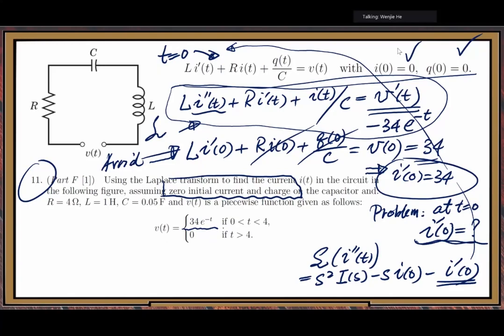Why? Now look at this. If you draw the v function, what is the v function? From 0 to 4, you cut here at 4, so something like this decreasing function. Think about this point at 0. How to choose a reasonable derivative value?